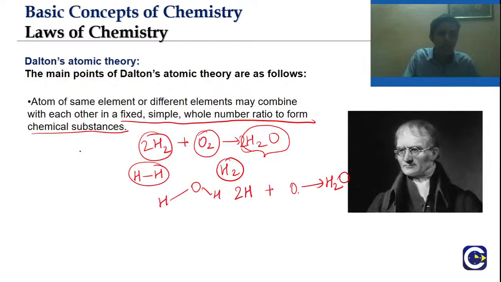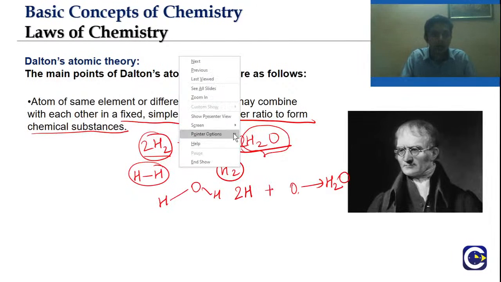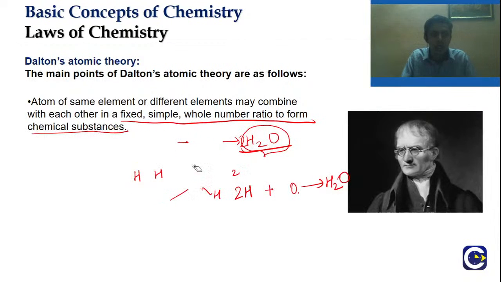But in reality, what used to happen? Two molecules of hydrogen were combining with one molecule of oxygen to give two molecules of water. However, it was then discovered that atoms can form diatomic molecules. So that was one of the drawbacks of Dalton's atomic theory.